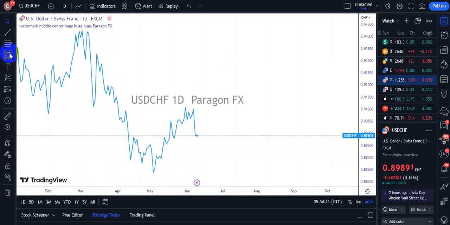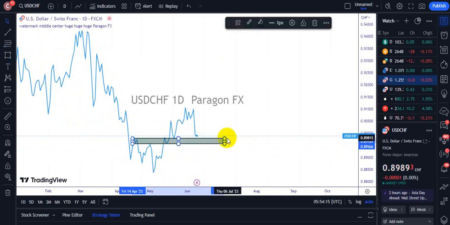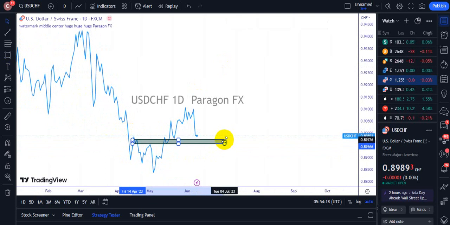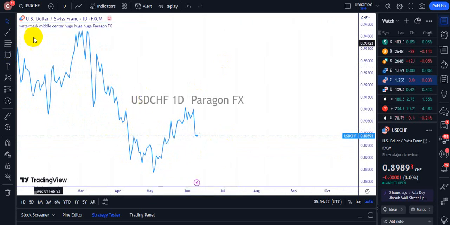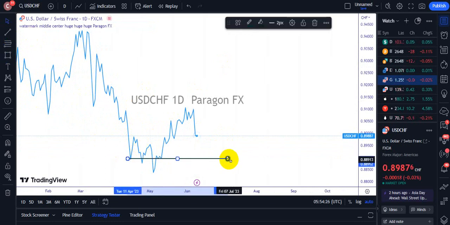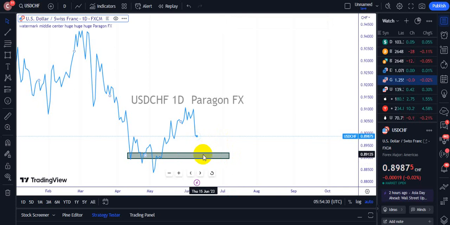You can see that this area, and the most important, this area is important for buying. Market, then go buy. This is the important areas for USD CHF.